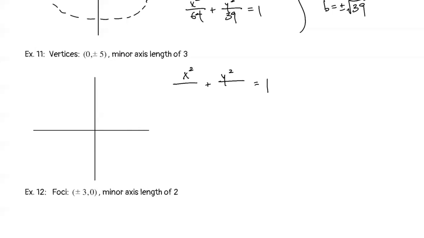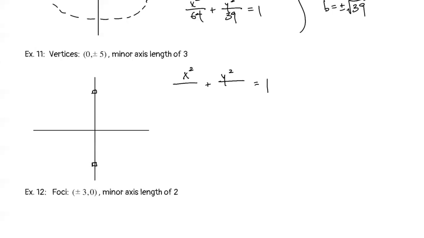All right. What can I draw? Or what do I know? You can draw the vertices on the y-axis, up 5 and down 5. Good. 0, 5 and 0, -5.